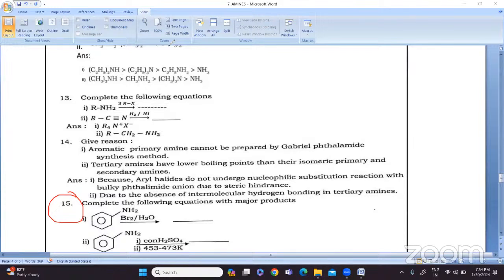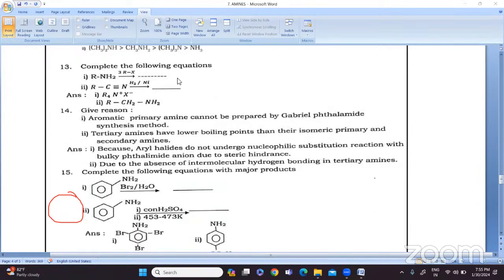Yes, students? Aniline. Any answers? When aniline is reacted with bromine water. 2,4,6-tribromoaniline.